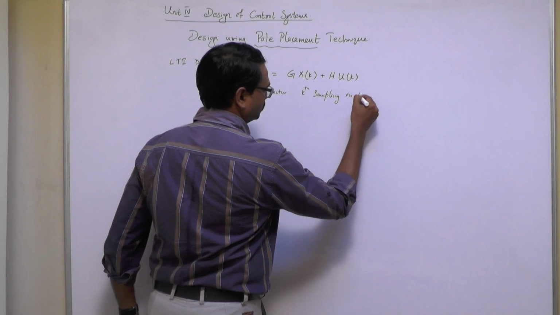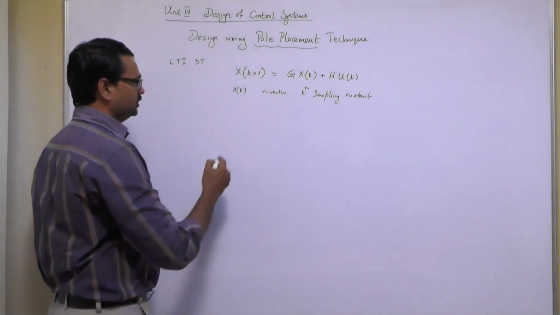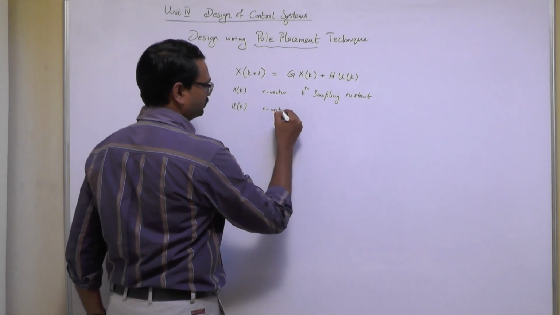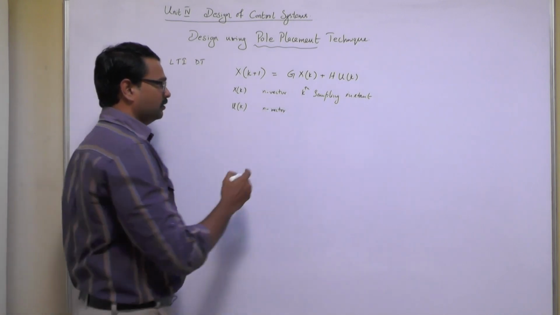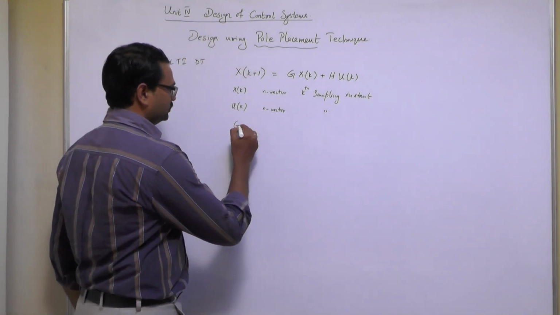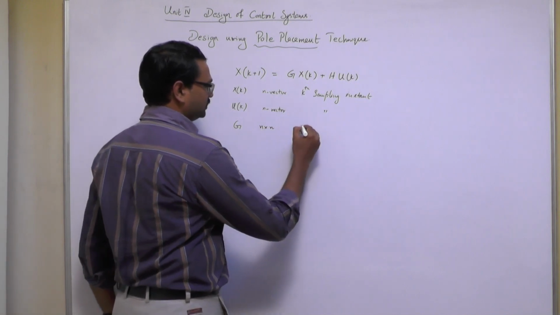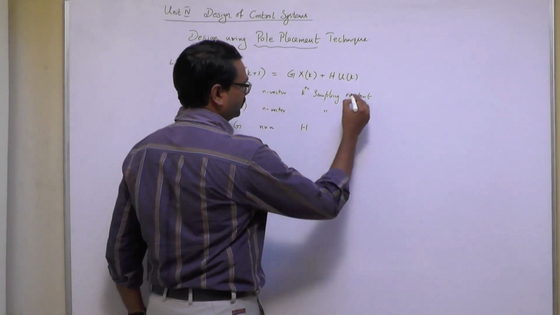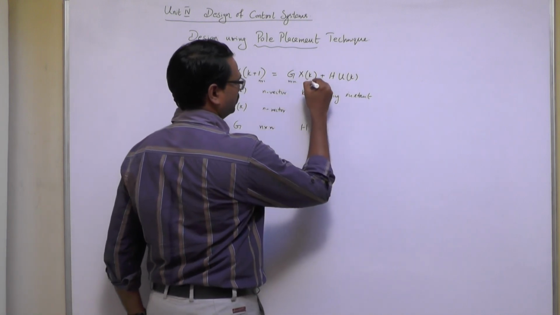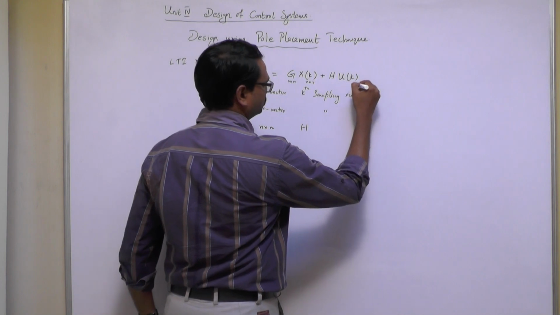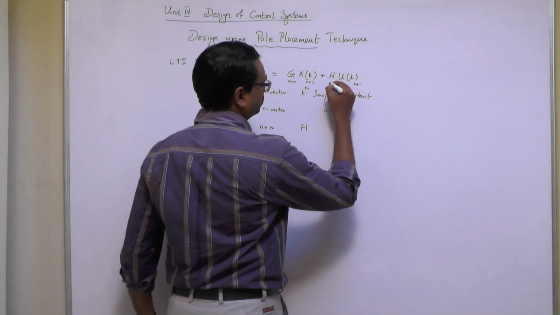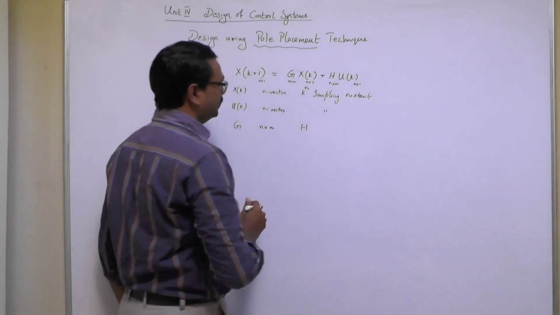And u of k is the input control vector at kth sampling instant. And g is an n by n matrix, and h is, if u of k is an m by 1 vector, an n by m matrix.